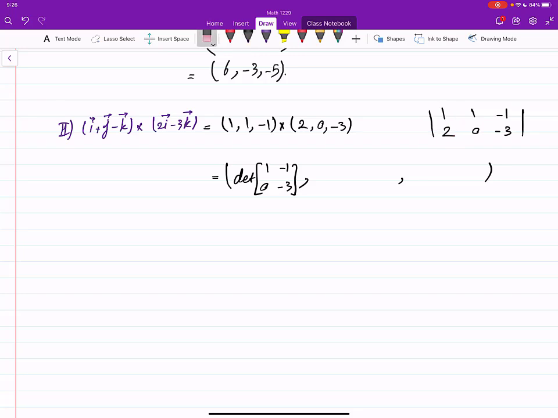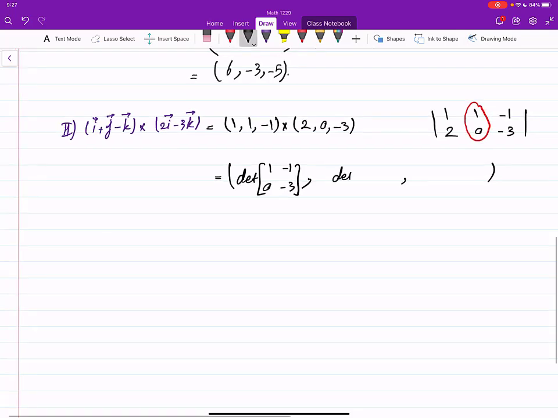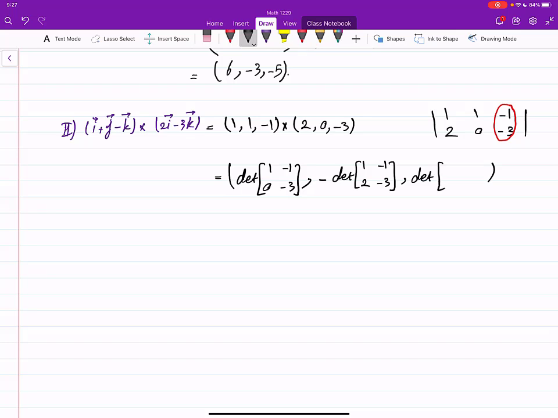For the second entry, we cover the second column, the remaining 2 by 2 matrix: 1, negative 1, 2, negative 3. And don't forget a negative sign in the second component. For the third one, we cover the third column and find the determinant of the remaining 2 by 2 matrix.